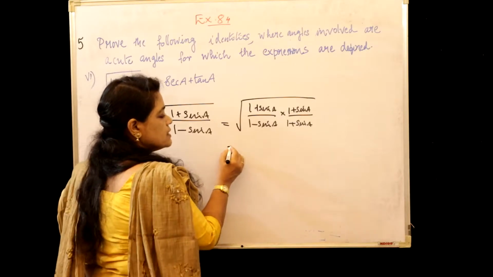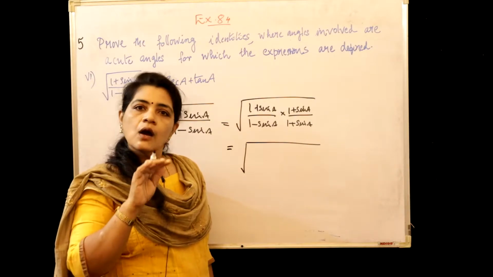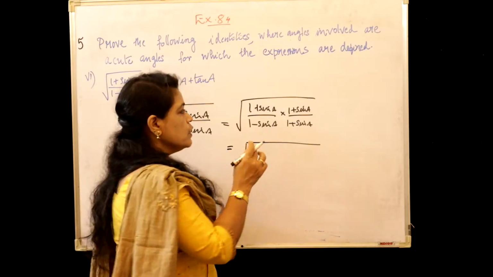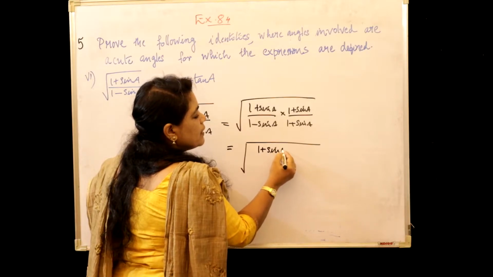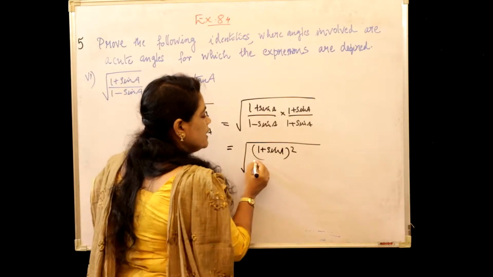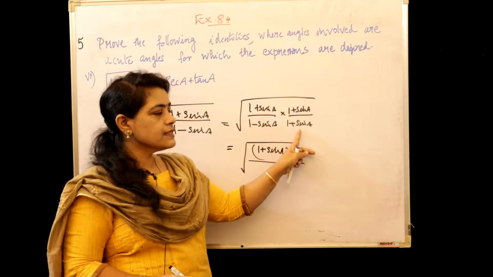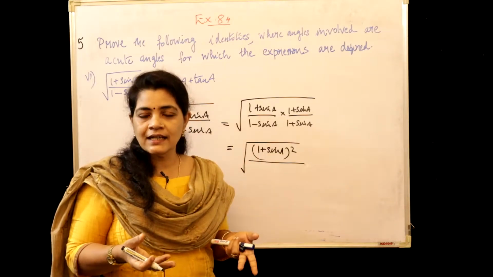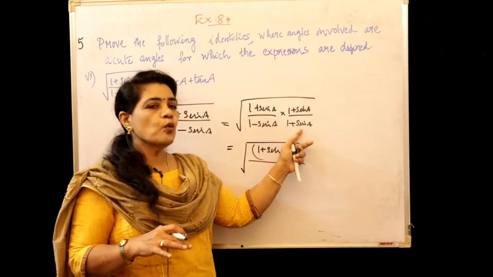This can be simplified: 1 plus sin a into 1 plus sin a is 1 plus sin a whole square, since a plus b into a plus b is (a plus b) whole square. So we multiply the numerators: 1 plus sin a whole square, divided by 1 minus sin a into 1 plus sin a.